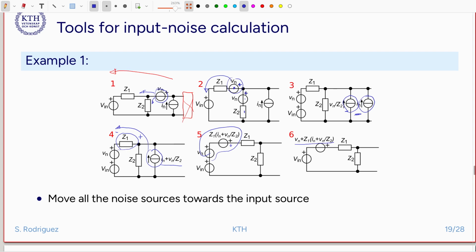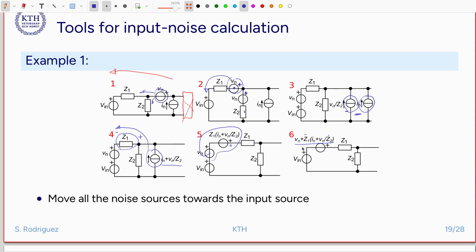Notice again, these impedances might be complex impedances. We have complex impedances here and here. We know that IN and VN are also complex numbers, with a 90 degrees phase shift. Then when we do this complex multiplication, we will get other complex numbers, and when we square them, they are going to give us the total power density.